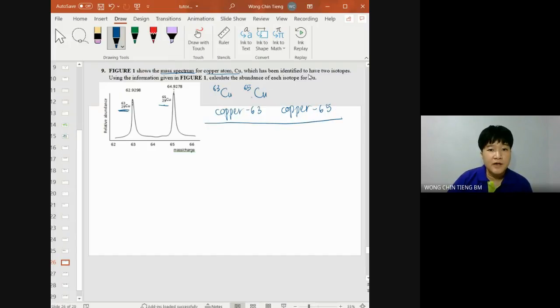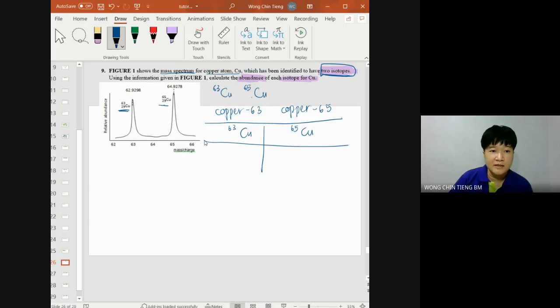Which has been identified to have 2 isotopes. So the question stated over that, the keywords, your copper having only 2 isotopes yang diberi. Using the information given below, calculate the abundance of each of the isotope. Let's see. First thing, as always, saya akan suka keluarkan dulu data yang saya ada dengan data yang saya tak ada.